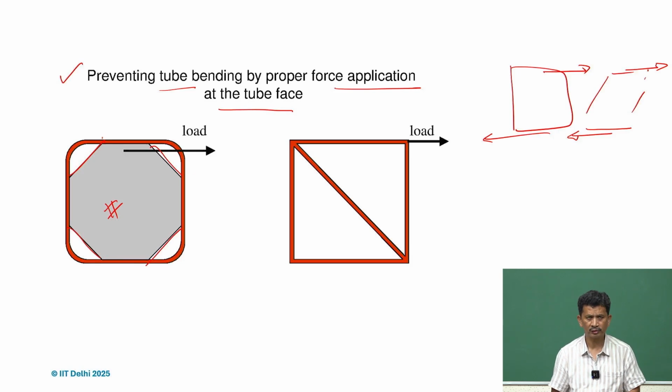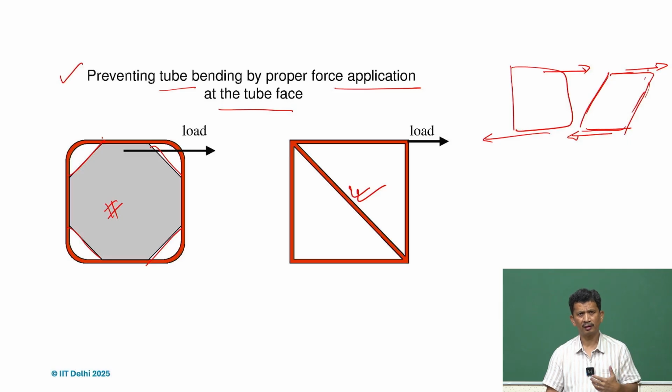So it's closed, or we can have this diagonal member placed so that it ceases to have this motion. So we have to be careful, and the moment we apply a load at the ends, we have to also check how it should be applied.